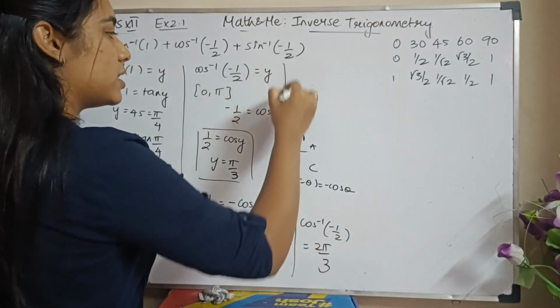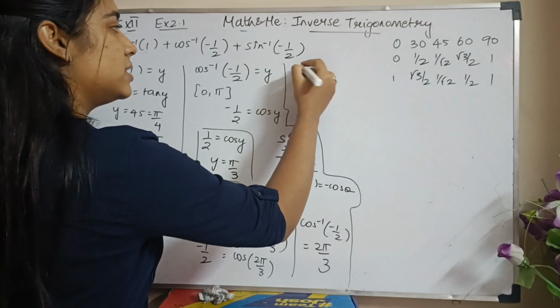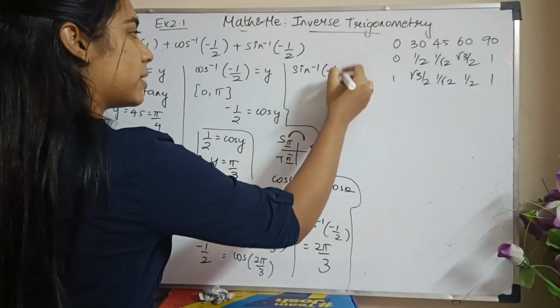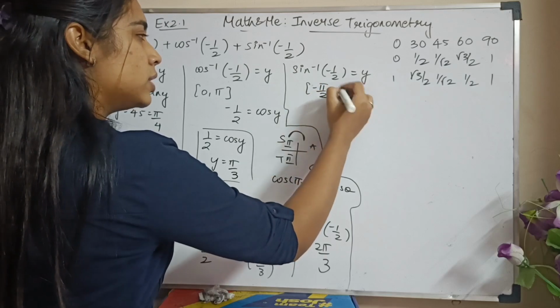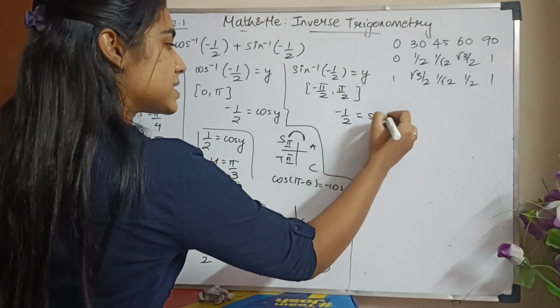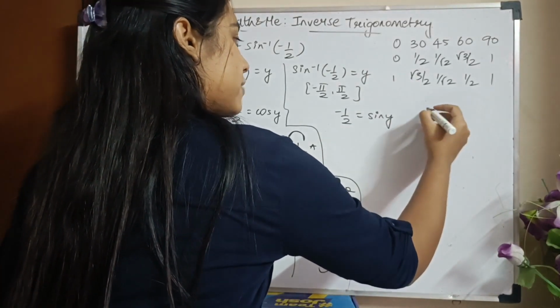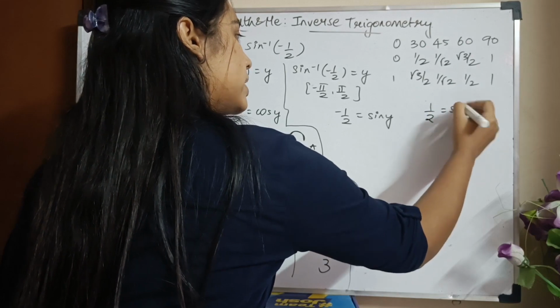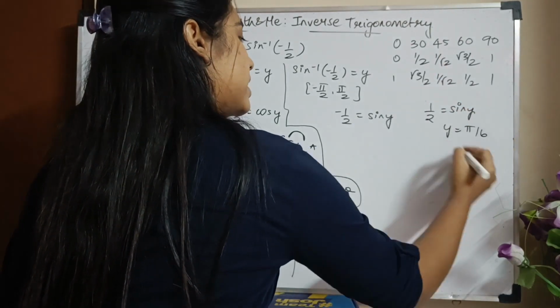I am also left with the sine function, don't forget that. So sine inverse of minus 1 by 2 equals y. What is the range? Minus pi by 2 to pi by 2. Now minus 1 by 2 equals sine y. First calculation, 1 by 2 equals sine y. So y equals 30 degrees, which is pi divided by 6.